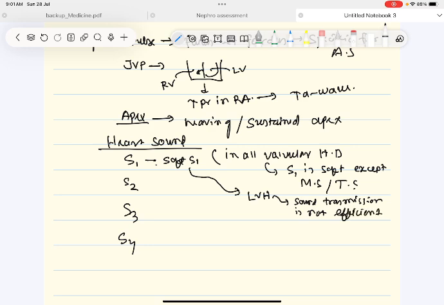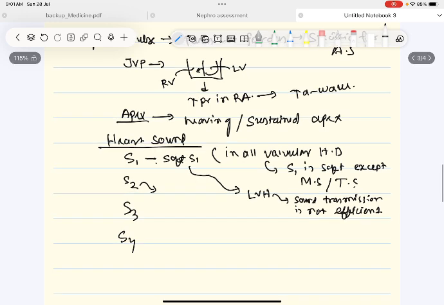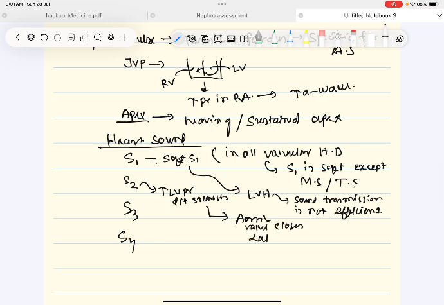And regarding the S2, since there is increased LV pressure due to stenosis, the aortic valve closes later. In a normal situation, the aortic valve closes faster than the pulmonary valve.